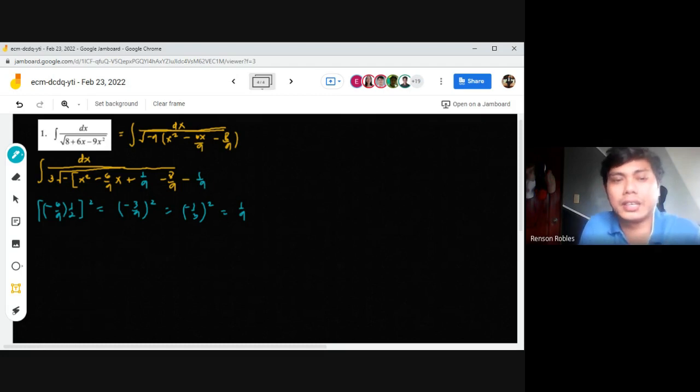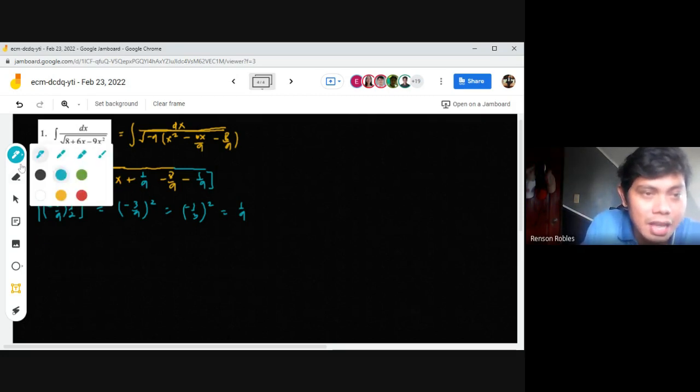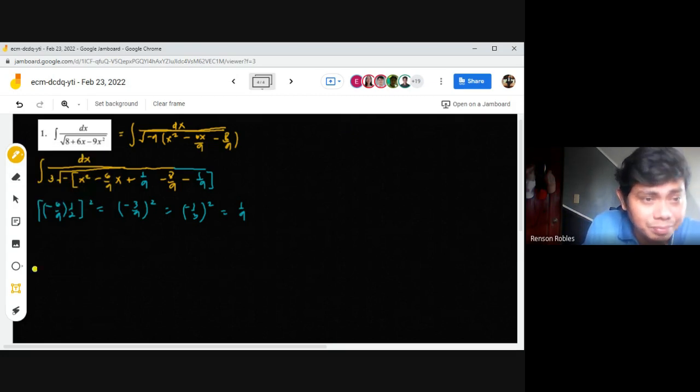Inside the bracket, the first three terms form a perfect square trinomial. So yung 3 pwede nyo itapon sa labas, 1/3 integral of dx all over square root of negative, x squared minus 6 over 9x plus 1 over 9 is x minus 1/3 squared.